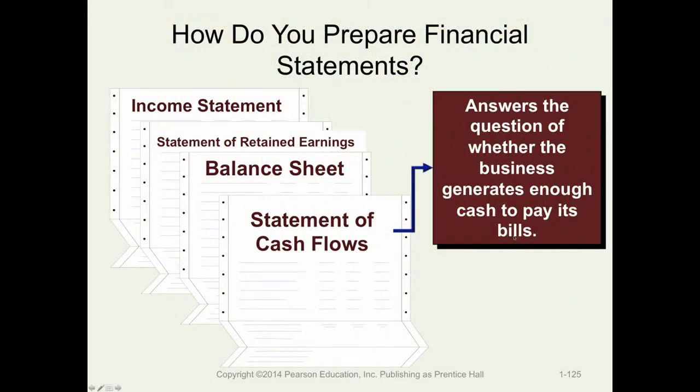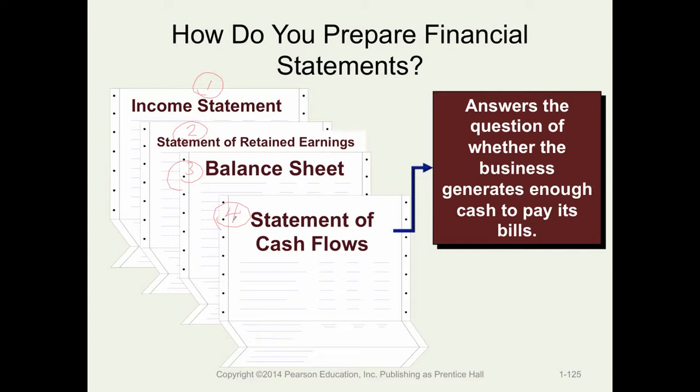And our final statement is the statement of cash flows. So once again, what's the order of preparation? Income statement, statement of retained earnings, balance sheet, and then the cash flow statement. The cash flow statement answers questions regarding where cash is generated and how cash is spent.